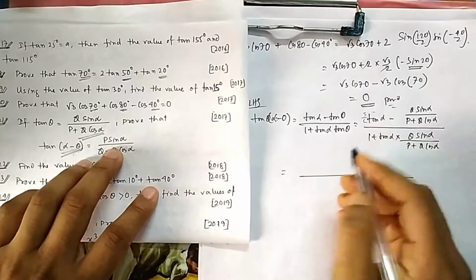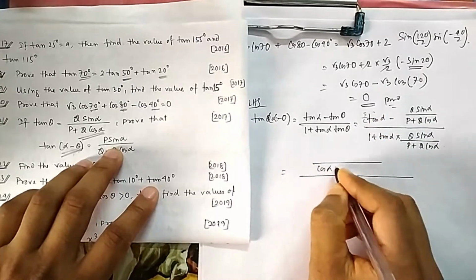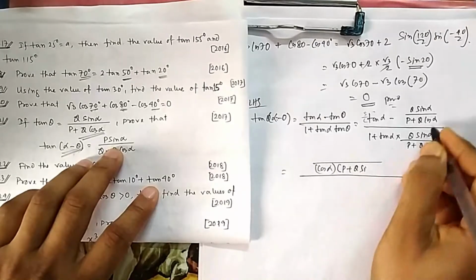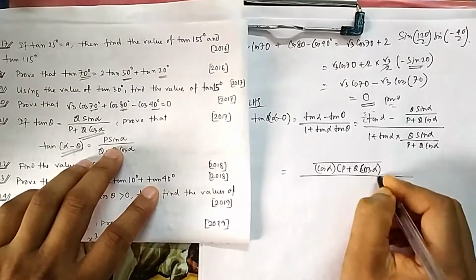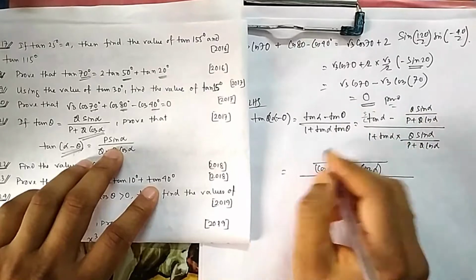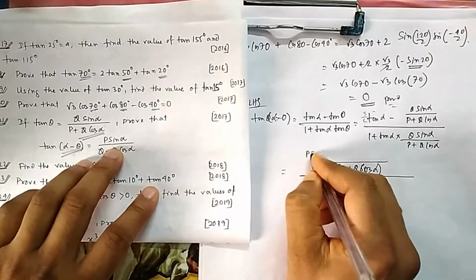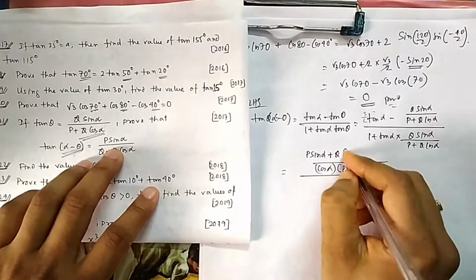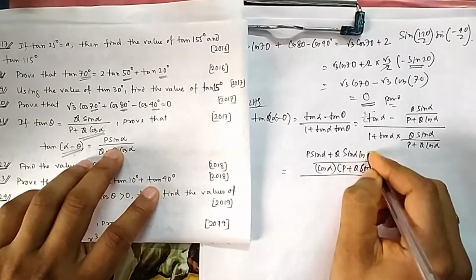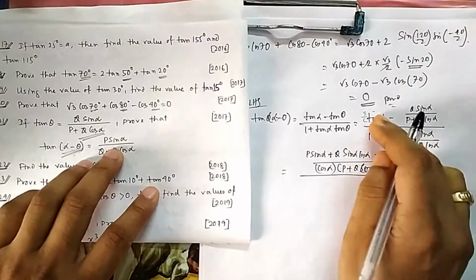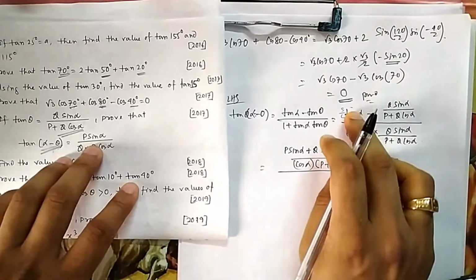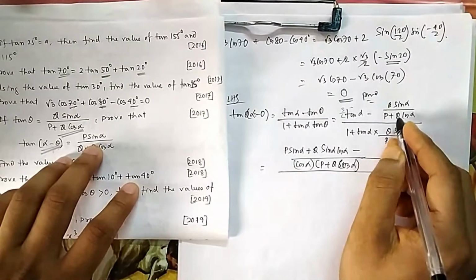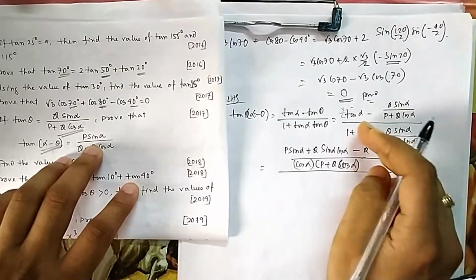If you take the LCM, the lower portion will be cos alpha multiplied by p plus q cos alpha, and then sin alpha multiplied by p plus this, so it will be p sin alpha plus q sin alpha cos alpha. You try on your own, it will come. I skipped one step. Instead of tan, I will just write sin by cos, then take the LCM, and then it will be q sin alpha, then cos alpha.